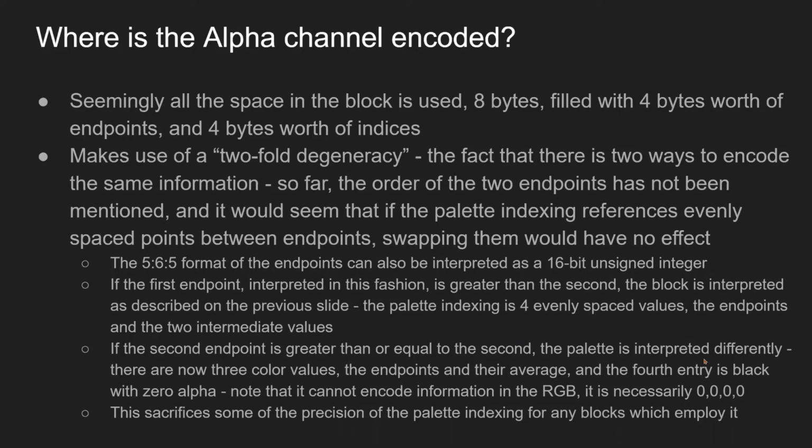And there is this constraint that it's 4 zeros, so you can't have RGB and then 0 alpha. It has to be all zeros. So as you can imagine, it sacrifices some of the precision in the palette indexing because you only have 3 points on that line instead of 4.